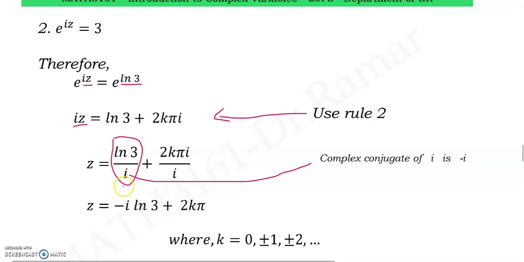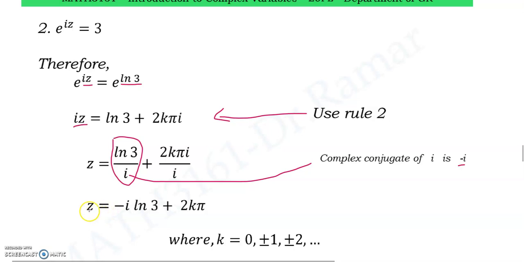In the denominator, i into minus i is minus i square. Minus i square is nothing but plus 1, so in the denominator plus 1 will come. Then I multiplied minus i in the numerator also, that's why we get minus i ln 3 plus 2k pi. This is the value of z.